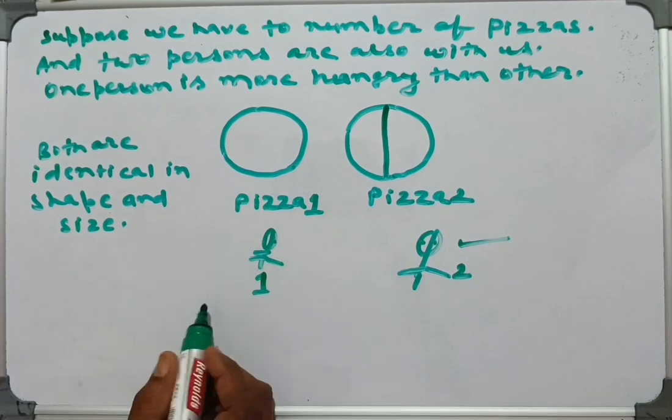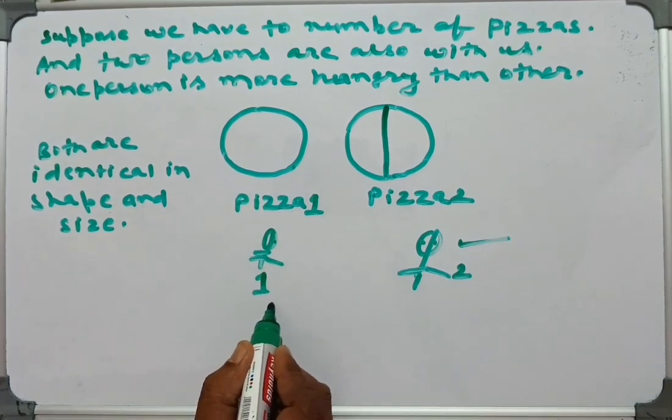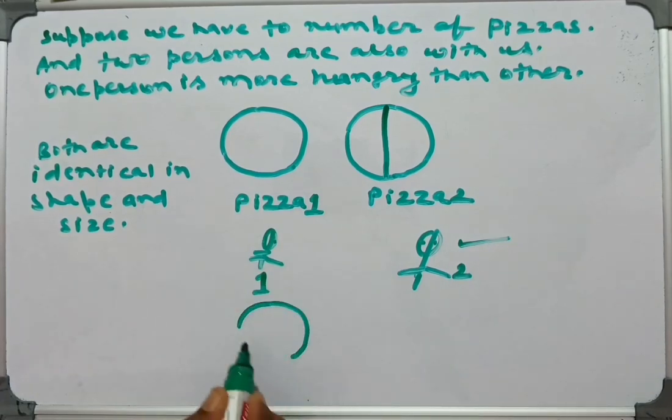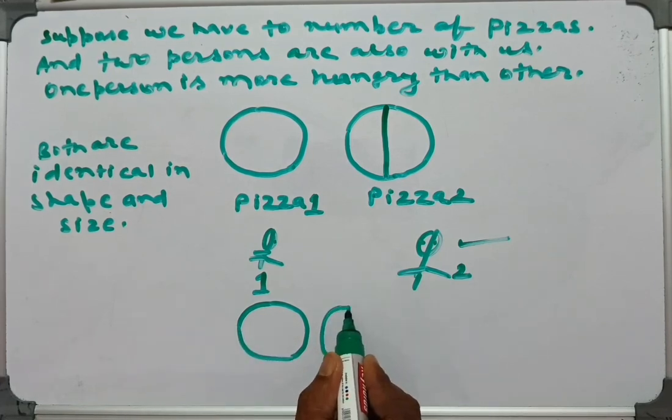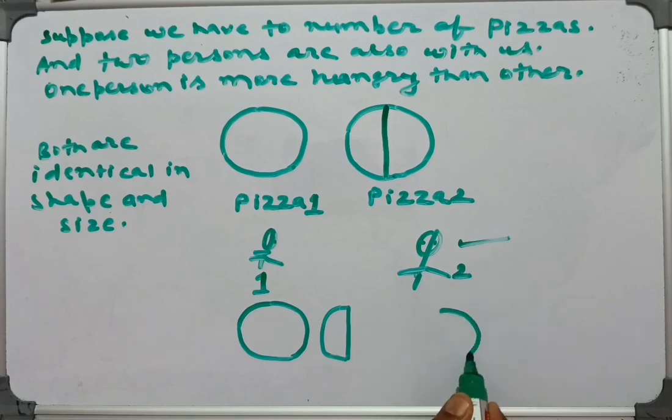Then the first one will get one and a half pizza here, okay guys. See, now in mathematical terms how could you write? You have already read about a fraction.